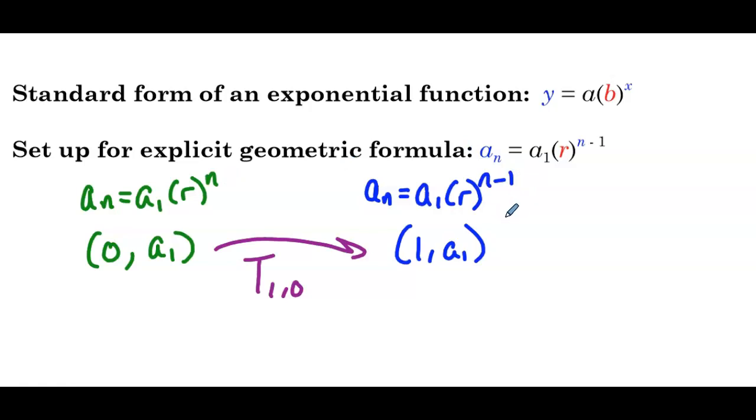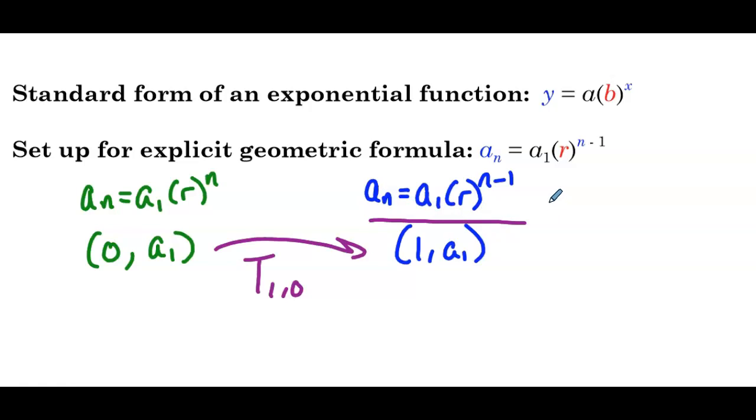So that's the reason why it becomes n minus 1, so that we get this point, 1 comma a sub 1, which is the point we know should represent the first term of the sequence. Okay, so we're tying in a little bit of old stuff with our transformations here, but most importantly is focusing on this formula. a sub n equals a sub 1 times r to the n minus 1.